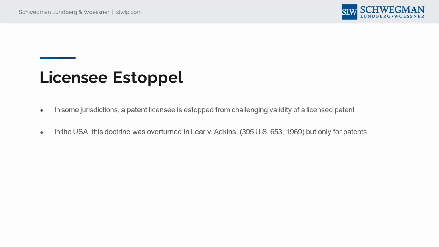There were previous cases that said, well, that's not equitable if you're paying for the license and you want to get out of it by challenging the validity. That doctrine got overturned eventually, way back when, in 1969. So generally, a licensee is not estopped from challenging the validity of a patent.